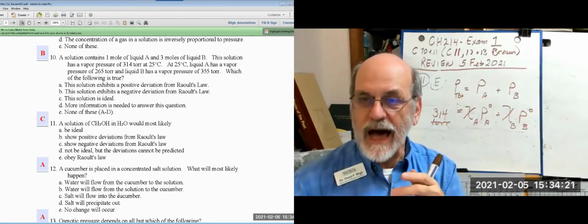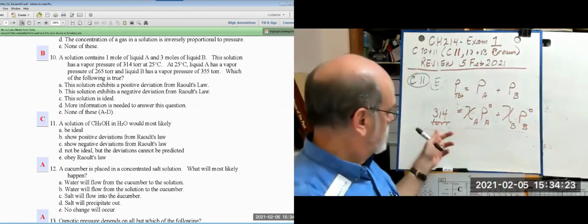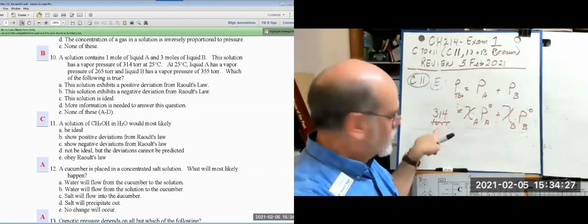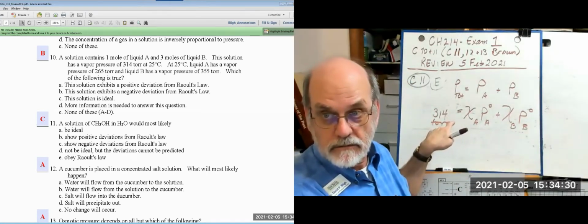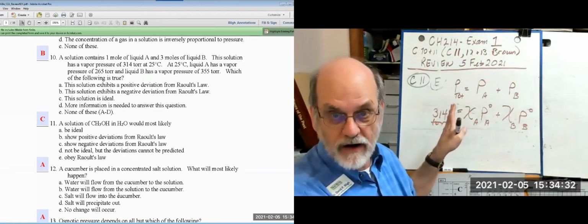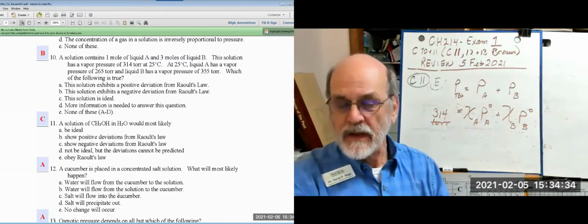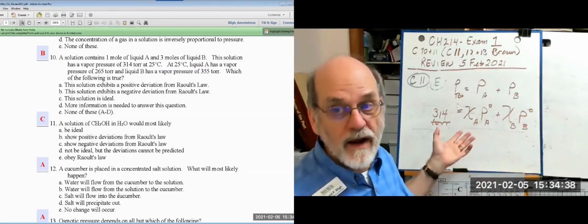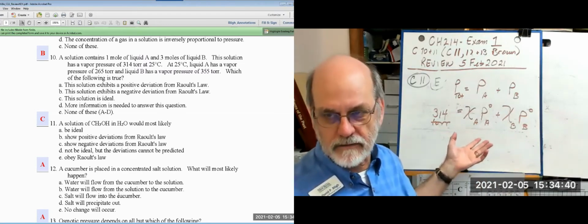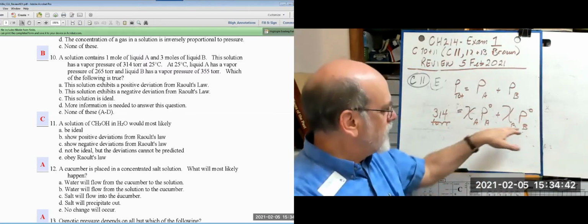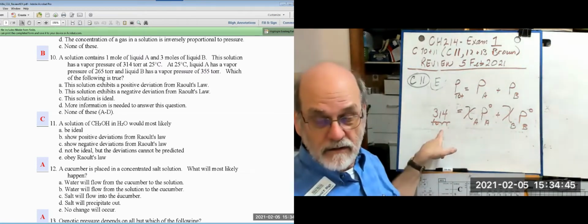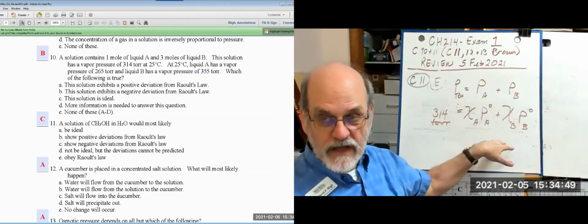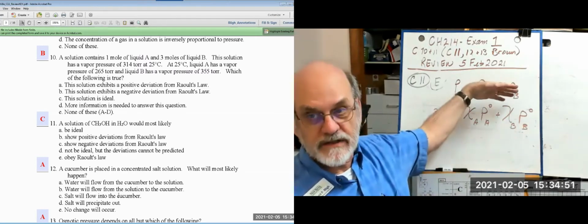If this were an ideal mixture of gases, then that value plus that value would equal that value. They'd be equivalent numerically. But what so often happens is the solutions are not ideal when they're mixed together. So the summation of this could be bigger than that, or it could be less than that. If it's less, we have a negative deviation. If it's greater, we have a positive deviation.